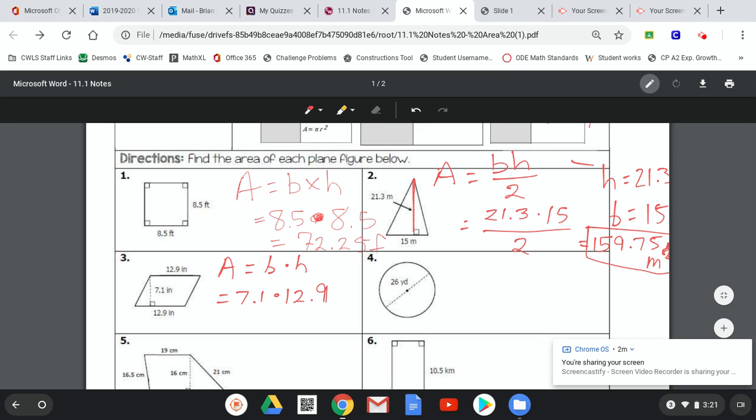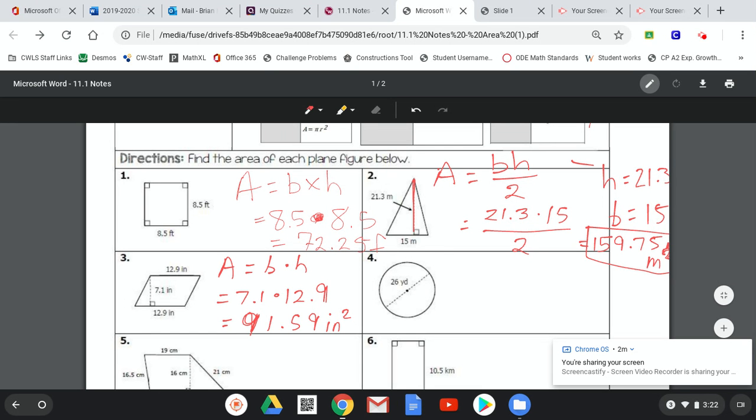Punch it into your calculator and you get a final answer of 91.59. What unit are we in? Inches, so it's inches squared. I hope you don't think this is too terribly difficult.